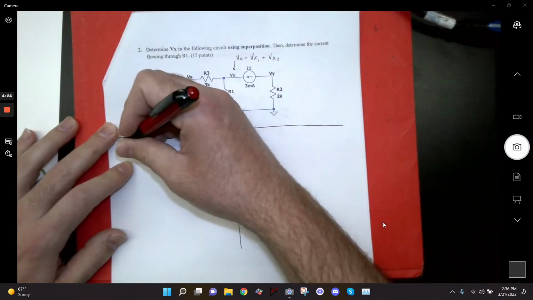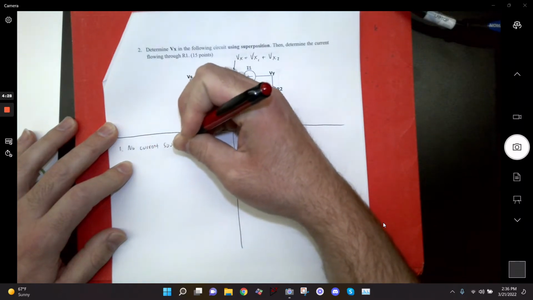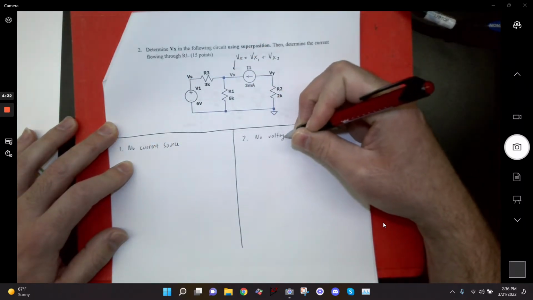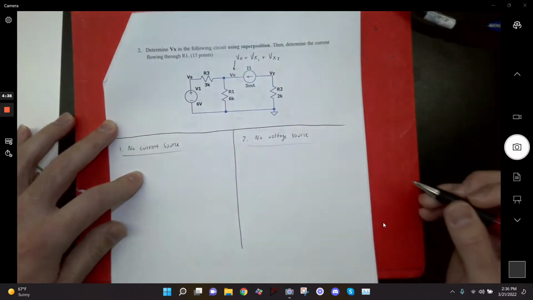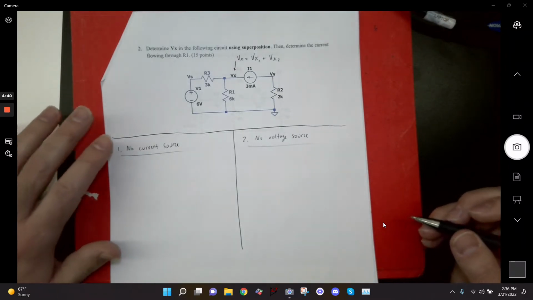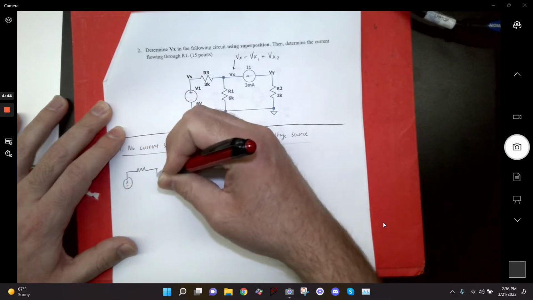The first case would be with no current source, and the second case would be with no voltage source. So with no current source, this circuit is going to look like this.